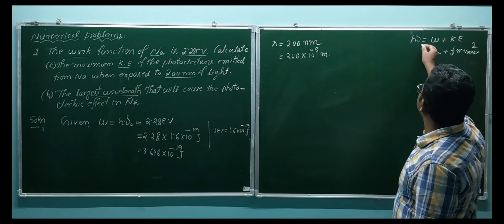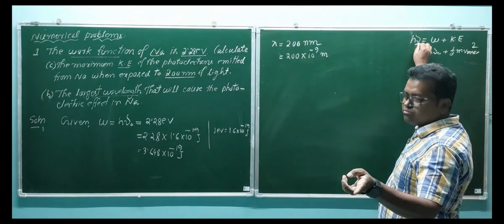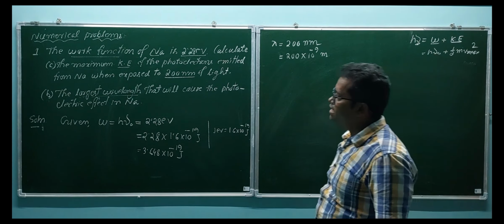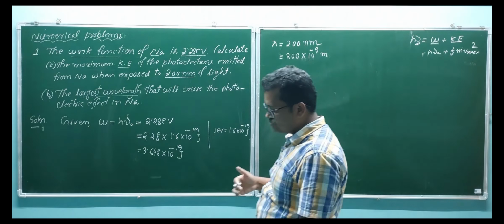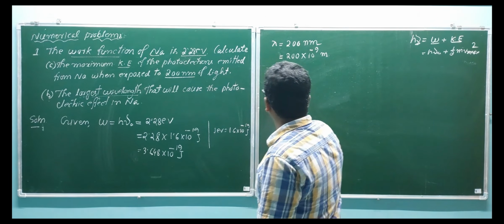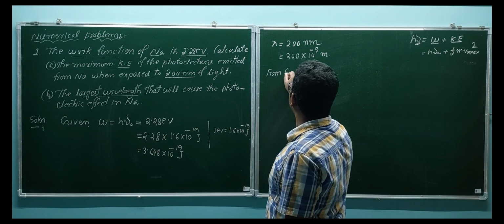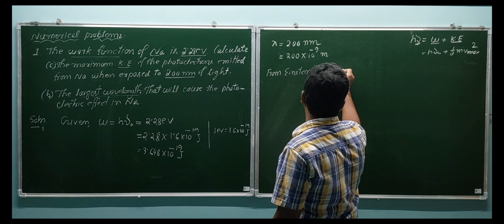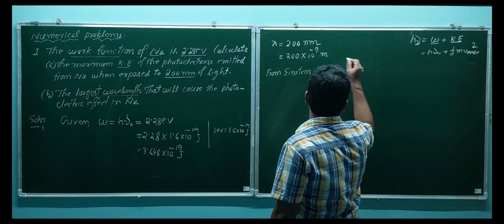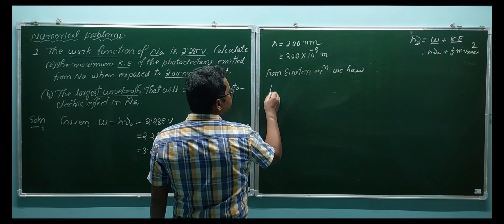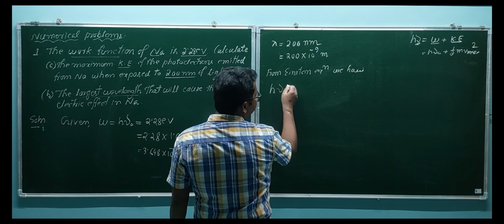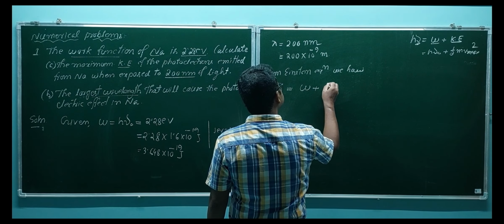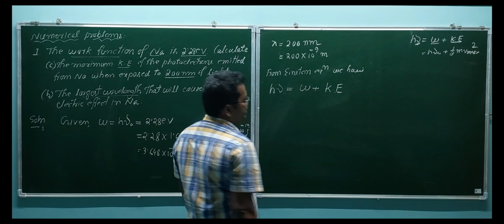So in this equation we got nu value, that is from lambda value nu can be easily calculated. With the work function, kinetic energy can be easily calculated. So from Einstein equation, we know h nu equal to work function plus kinetic energy.